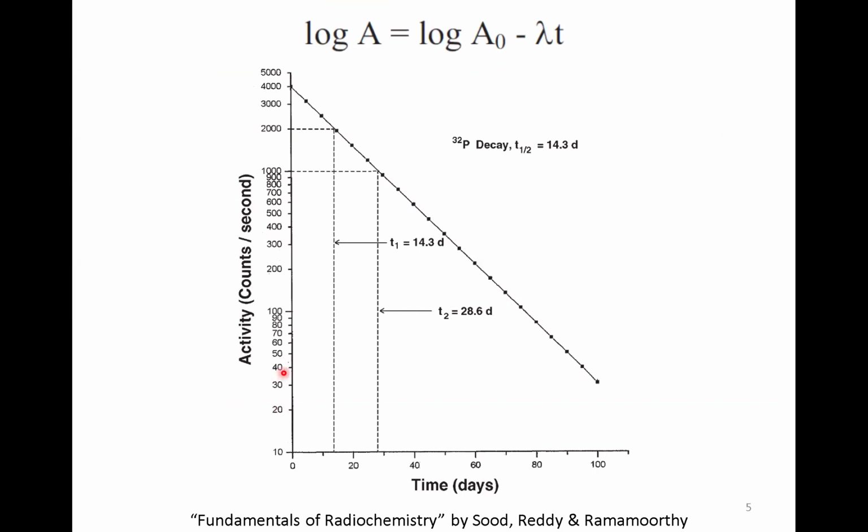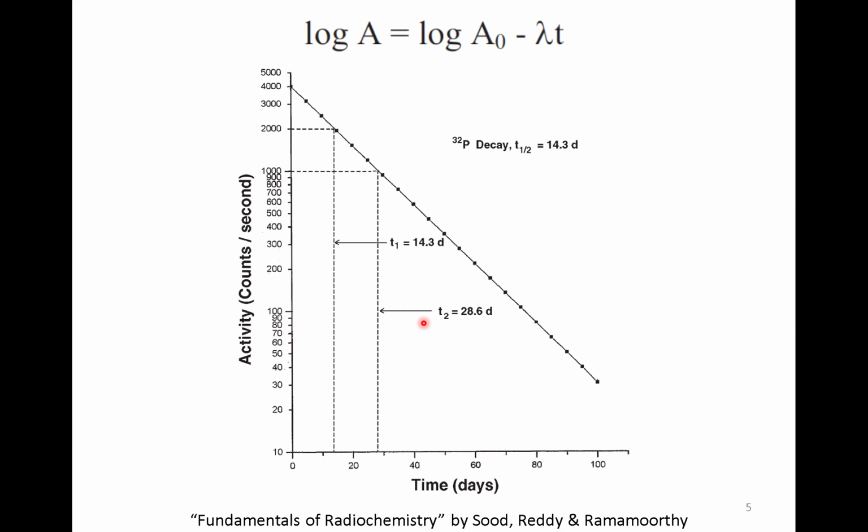What is important to understand is in the first half-life, the radioactivity has decreased from 4,000 to 2,000. That's what you mean by one T half. In the second T half, another 14.3 days, the radioactivity has decreased from 2,000 to 1,000. Then half of that with every subsequent T half period.